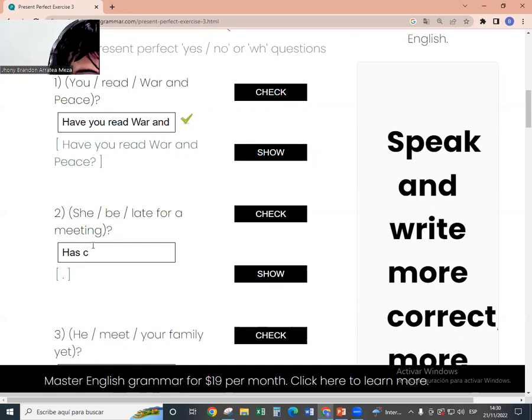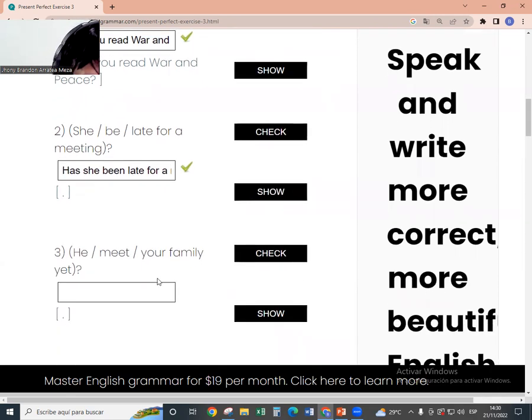And then the subject pronoun. Has she been, this is the past participle of be. Has she been late for a meeting? Let's check. And it's good.